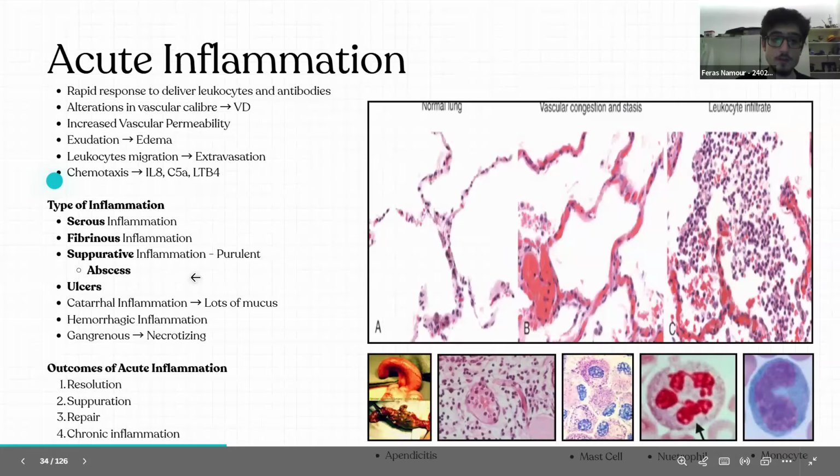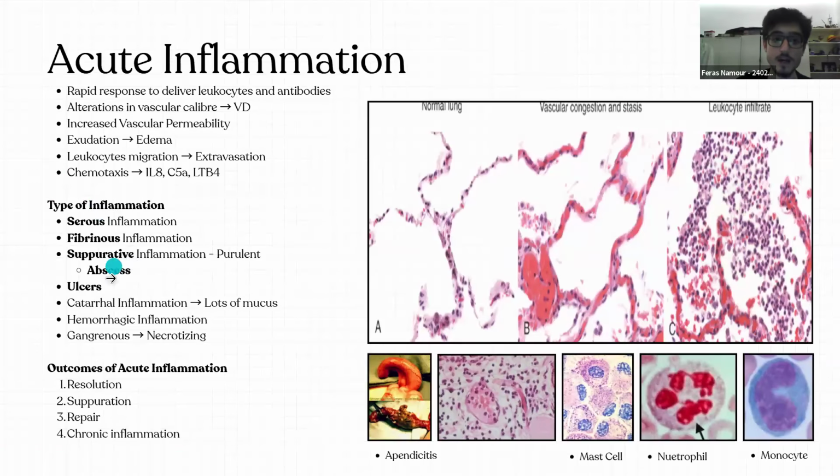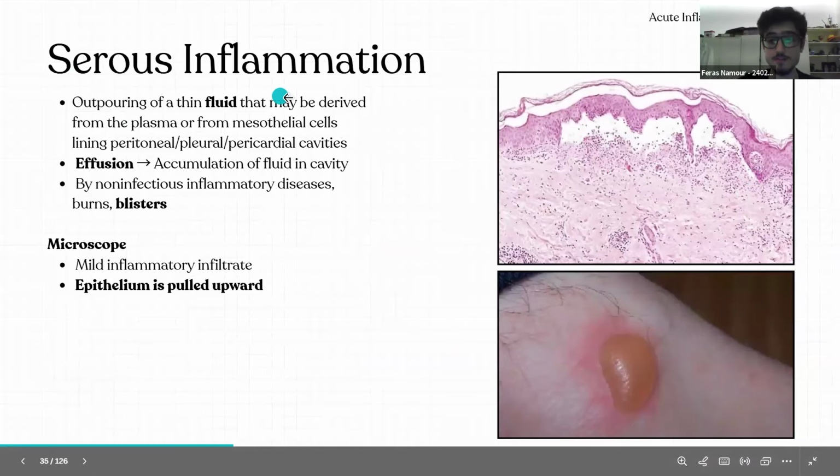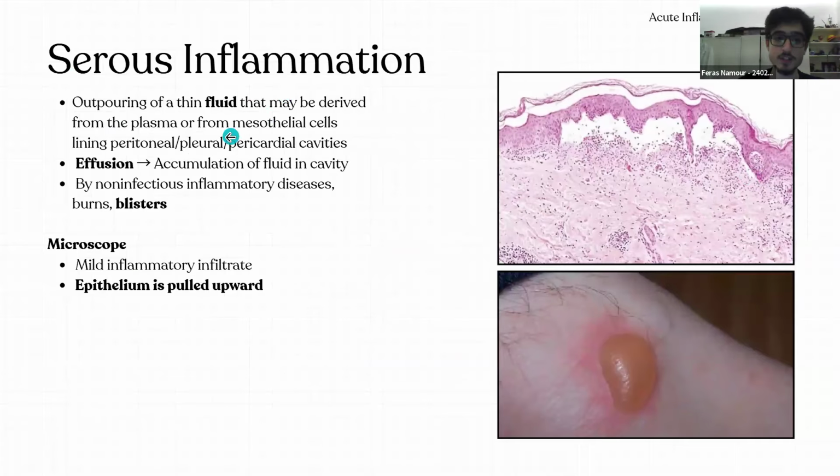Let's go now and break down the four types of acute inflammation we just listed. So our first type, which is serous inflammation, is essentially a kind of acute inflammation which happens very superficially. It can happen due to, first of all, outpouring and exudation of fluid that could be from either the plasma or mesothelial cells lining, let's say, peritoneum, pleura, or even pericardium.